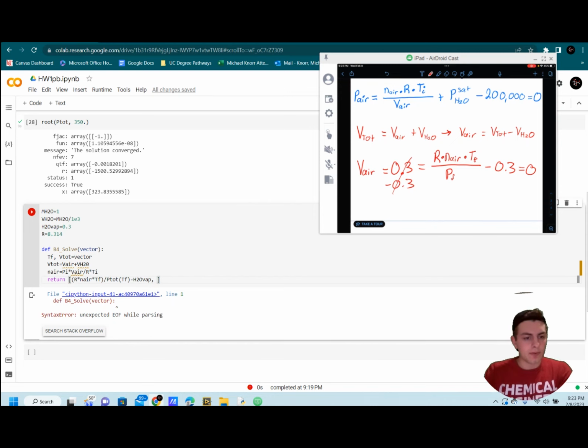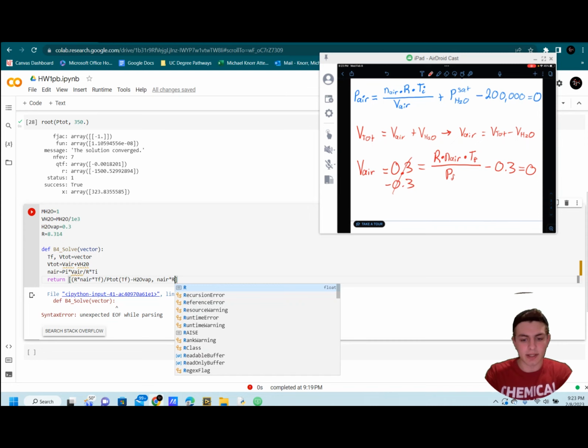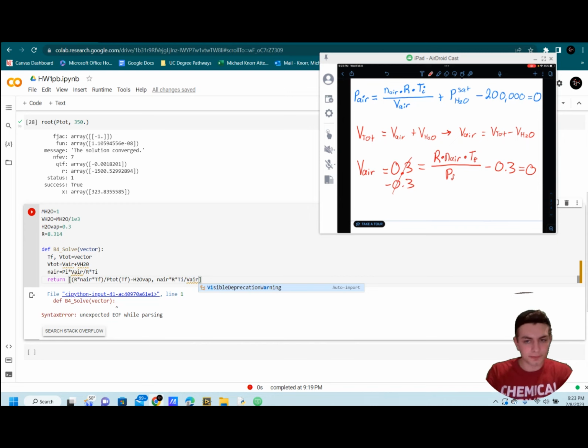Next then, what we are going to do is define our second equation, so moles of air multiplied by the ideal gas constant, initial temperature, all over the volume of air, plus we can just use our function again there, and subtract from it 200,000.